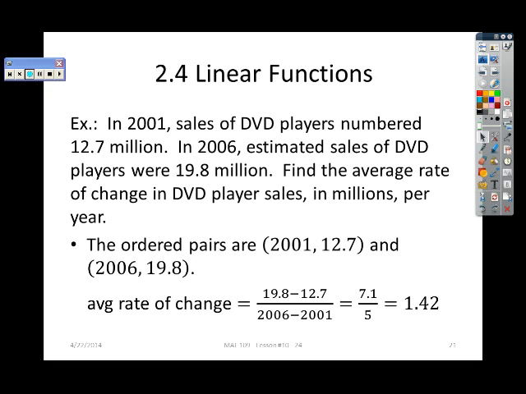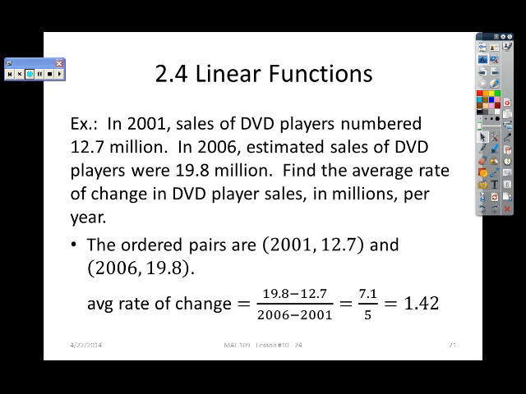You do the y values, the 2006 number, and remember, for slope it doesn't matter which order you put your points in, as long as the first two values come from the same point and the last two values come from the same point. So I can pick 19.8 in 2006 here, 12.7 in 2001 there, or vice versa, and it's still going to give me the same answer, as long as you are consistent in these numbers coming from the same point.